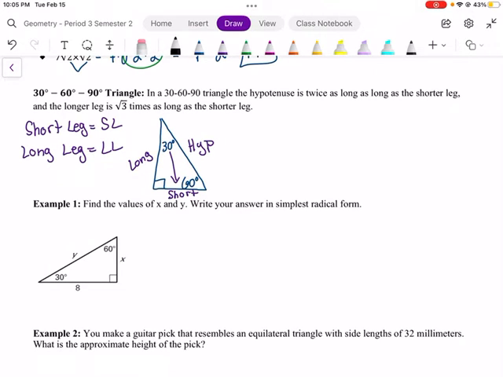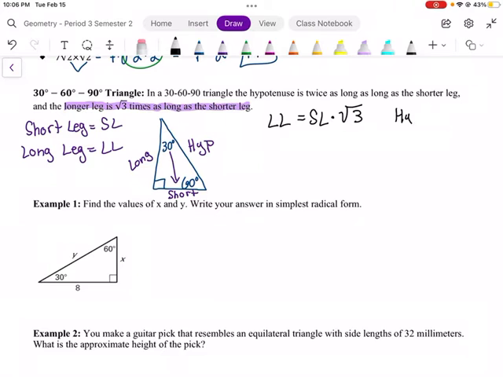The first one is that the long leg is going to be equal to the short leg times the square root of 3. And that's just a number that we're going to be given because the longer leg is always going to be the square root of 3 times as long as the short leg. So that's where we get that formula from.